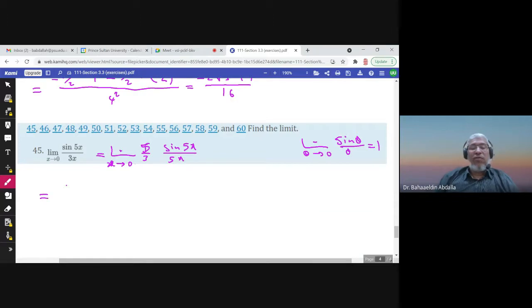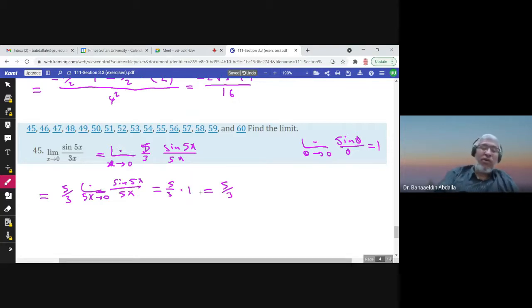So I will have 5 over 3 limit sine 5x over 5x, and when x goes to 0, 5x goes to 0, so it is 5 over 3 times this limit, which is 1, where theta is 5x, and the answer is 5 over 3.